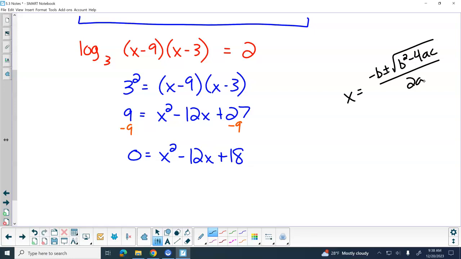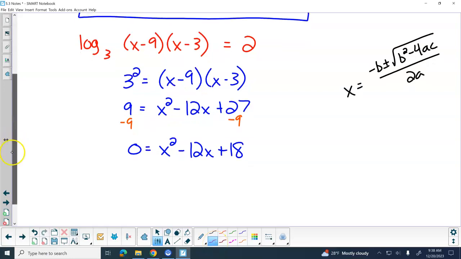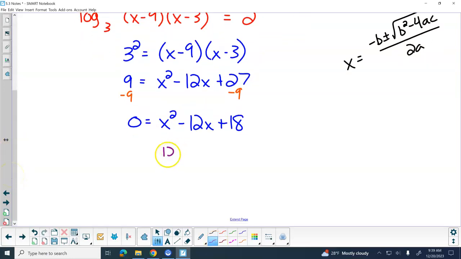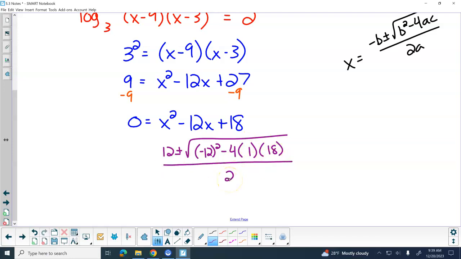Opposite of B would be positive 12, plus or minus the square root of 12 squared minus 4 times A, which is 1, times C, which is 18, all over 2 times 1.